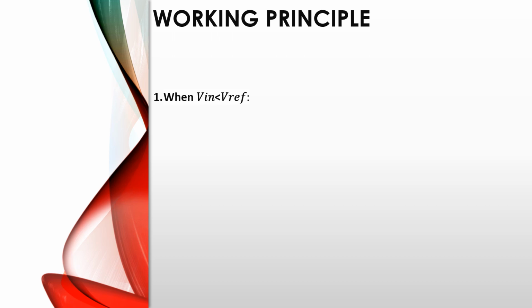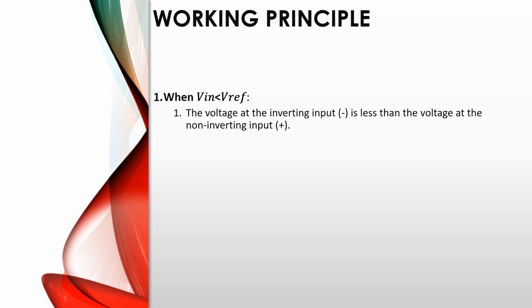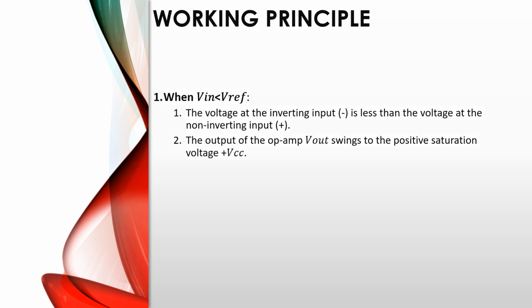In this situation, the voltage at the inverting input, which is the input voltage, is less than the voltage at the non-inverting input, the reference voltage. The output swings to the positive saturation, that is plus VCC. So when V in is less than V reference, we get the output plus VCC.